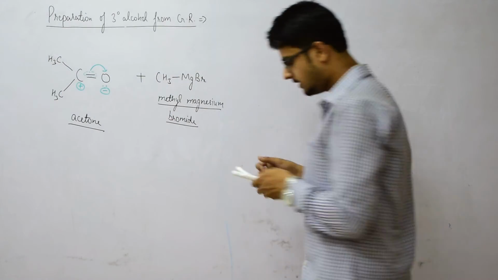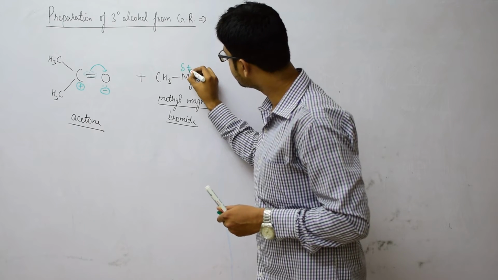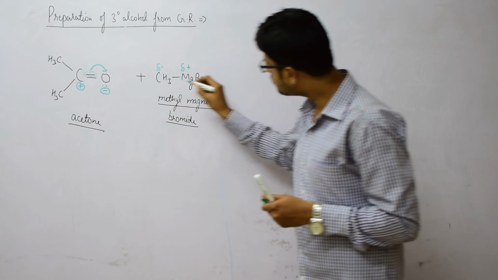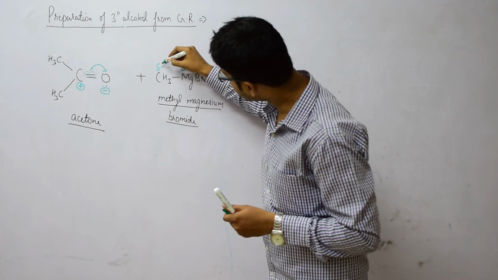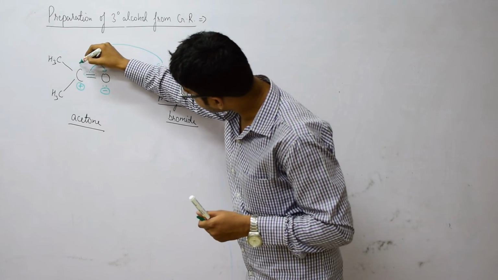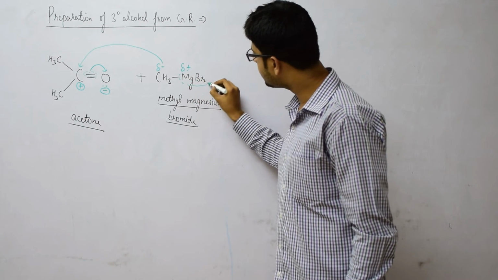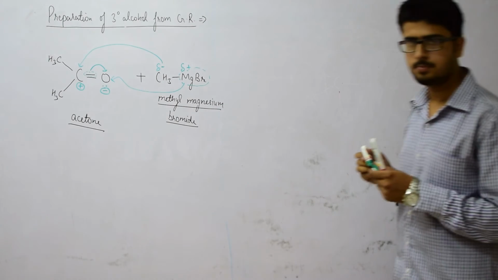When it is treated, this MgBr has slight positive charge and this CH3 part has slight negative charge. So this CH3 part would attack the positively charged carbon atom, and this positively charged MgBr will attack the negatively charged oxygen atom.